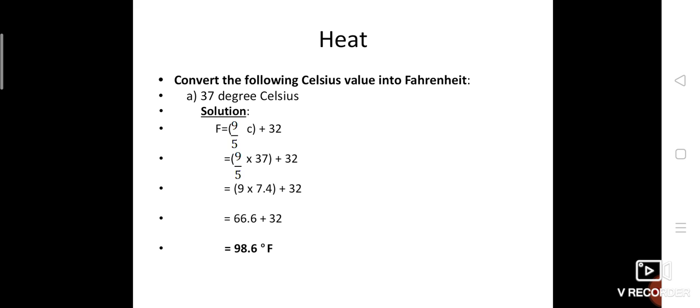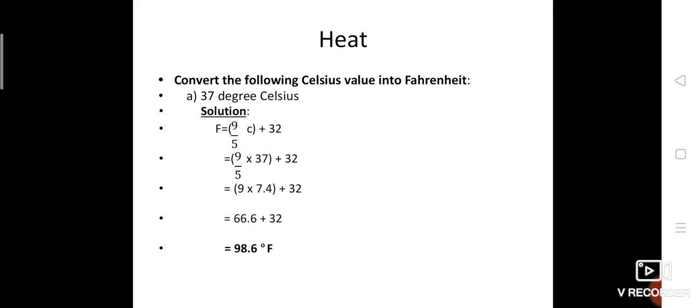Convert the following Celsius value into Fahrenheit, that is 37 degree Celsius. So how we will do this sum? You have to apply the formula. So we are going to convert Celsius into Fahrenheit. So F is equal to 9 by 5 into C plus 32. 9 by 5 is a constant value. C is Celsius. So here 37 is given.